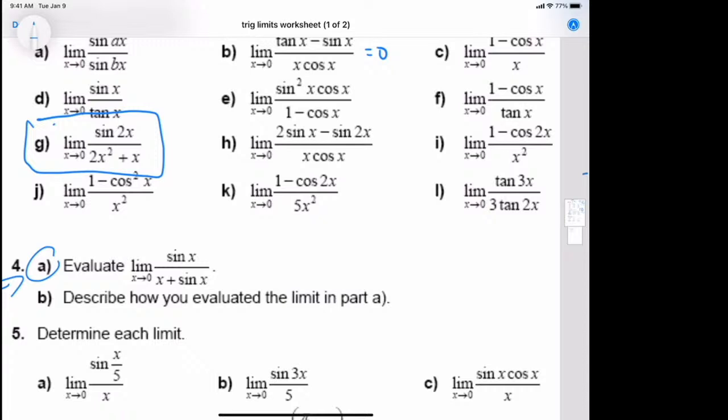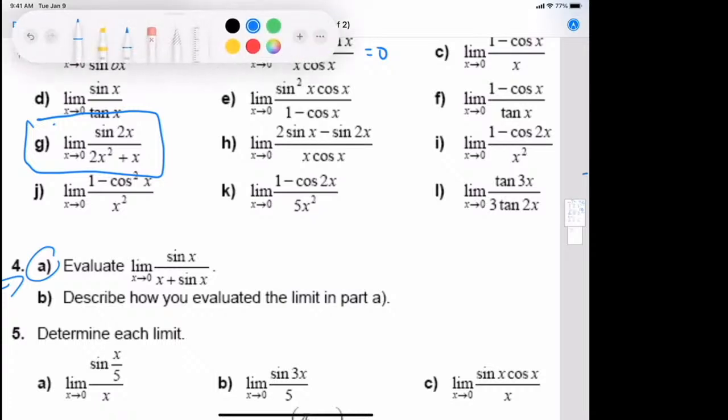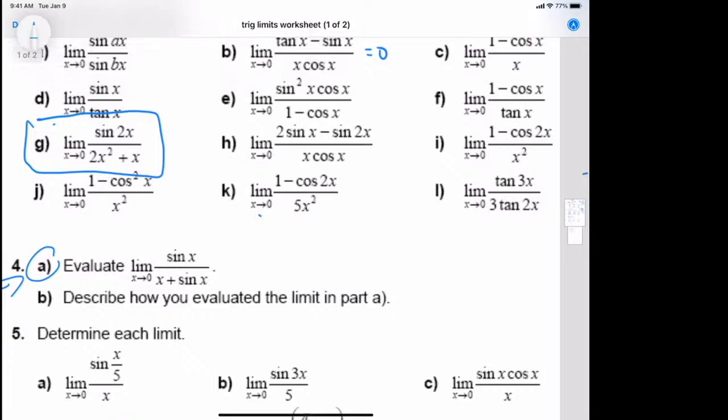Did you guys understand what Carrie did? I got the same answer and I don't understand what he did. Okay. So what he did is the limit as x approaches 0 of sine of 2x over 2x squared plus x.